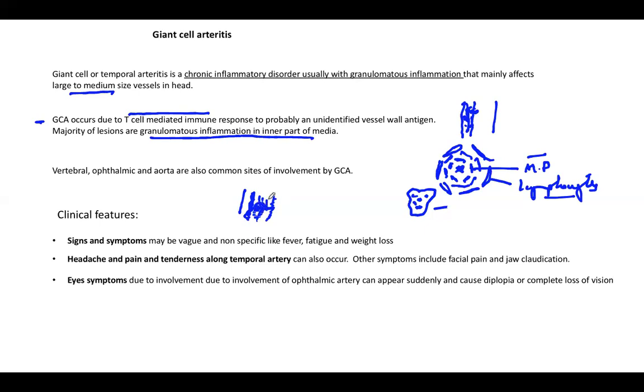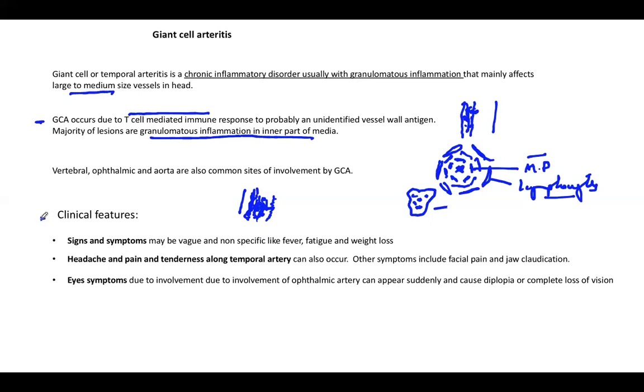The granuloma then destroys the smooth muscle cells, and this leads to thinning of the media, and it also leads to disruption of the internal elastic lamina, which is at the junction of intima and media. We'll discuss the histopathological features, because if we are given only the histopathological features, we should be able to identify this condition, or we should be able to describe the histopathology if we are asked.